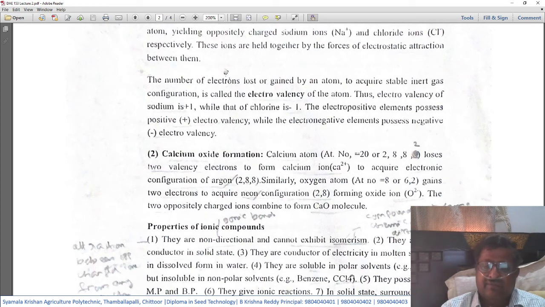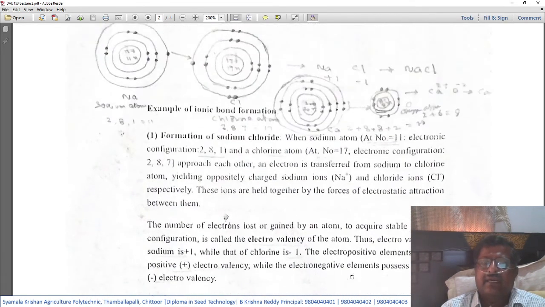Now see the diagrammatic representation of this reaction also. Now, as I already explained, this is a calcium atomic structure which has 2 plus 8 plus 8 plus 2, right? That is 20.